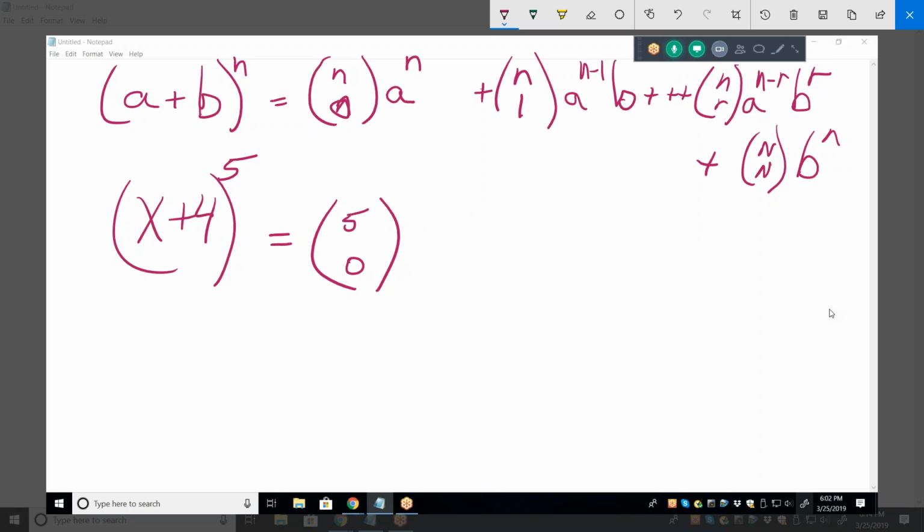And then it's x raised to 5 plus 5 over 1. 5 choose 1. 5 choose 1, okay. And then x raised to the 5 minus 1, which would be 4. And then b is 4. We'll just put it in parentheses for now. All right.